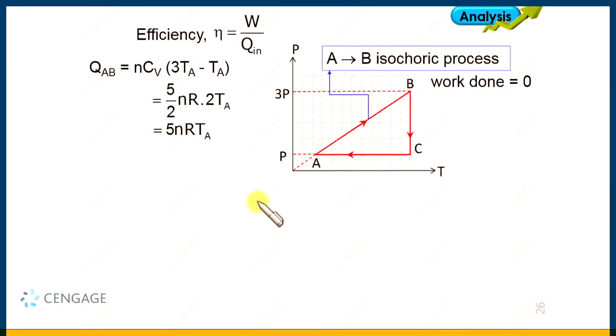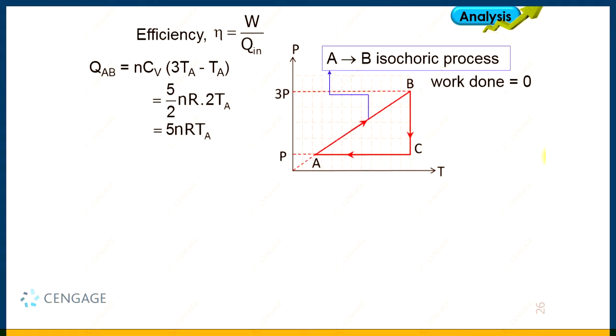So, let us write the formula for the isothermal process. This will be equal to n, the number of moles, multiplied by R, multiplied by the temperature of this process, that is 3 TA, multiplied by natural log of final volume divided by initial volume, right.